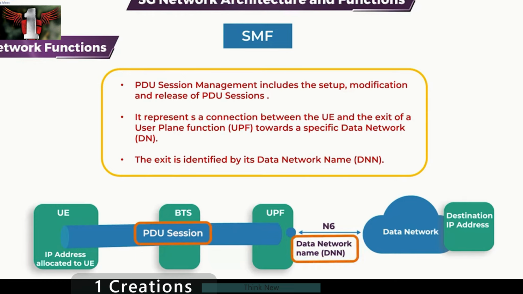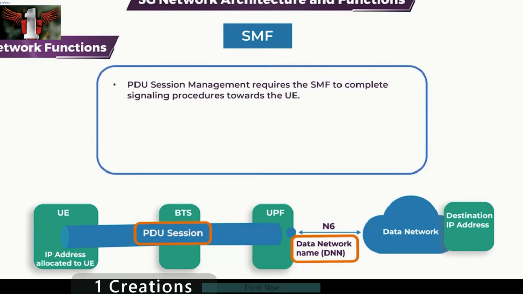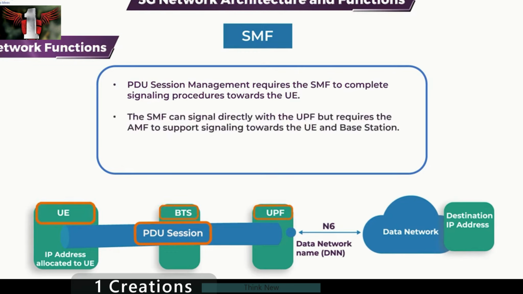data network. PDU session management requires the SMF to complete signaling procedures towards the UE, base station, and user plane function, UPF. The SMF can signal directly with the UPF but requires the AMF to support signaling towards the UE and base station. The SMF uses non-access stratum, NAS, signaling messages to communicate with the UE.